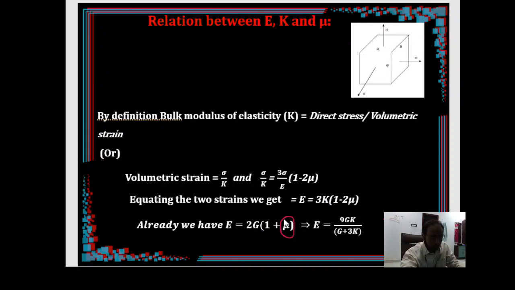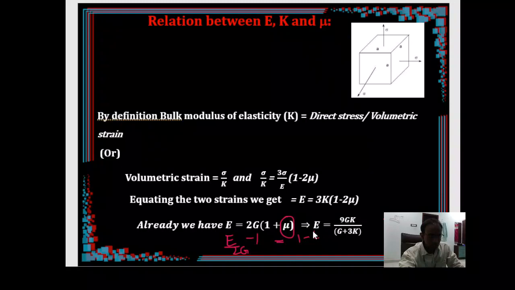Let's say this mu, if you move this to the other side, you can find the value of mu and take it out. So E by 2G minus 1 you can write, and that must be equal to, from here also we can get the value of mu.